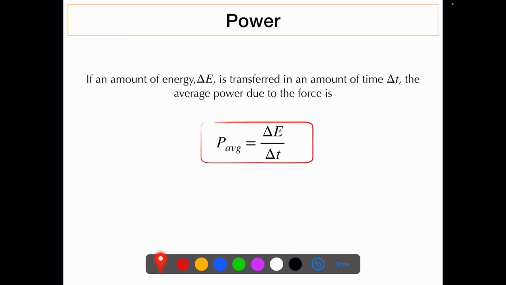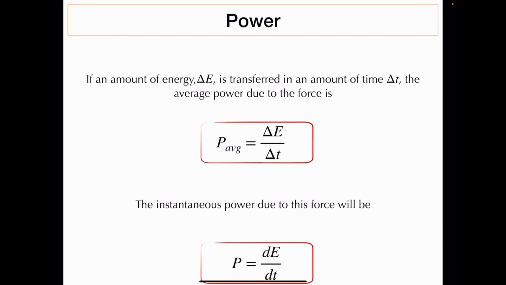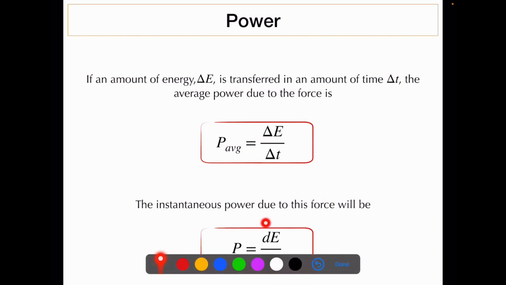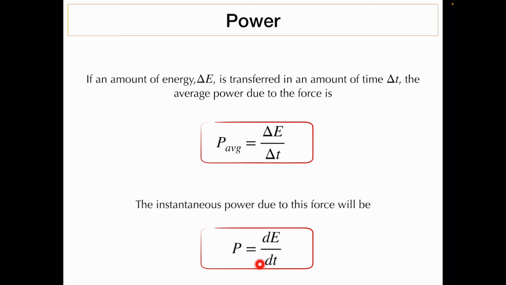And the instantaneous power can be represented with this formula: dE divided by dt, meaning the transfer of energy during that particular instant of time.